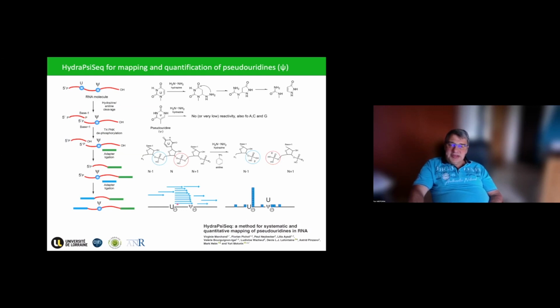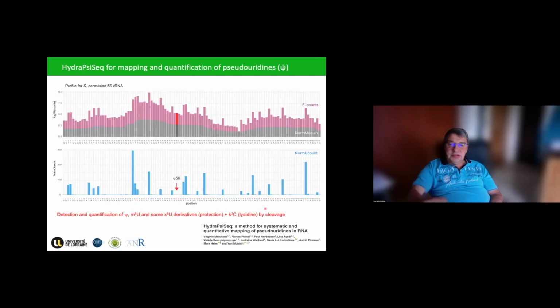So all reads are aligned to the N+1 nucleotide to U, and pseudouridines should be relatively resistant to that. So this method can be used for both detection and quantification. And this is shown here as an example for 5S ribosomal RNA. It's a log scale, so that's why we have a variable background, which is used for normalization in this gray color.